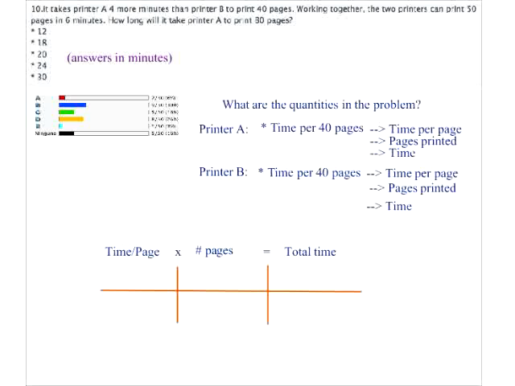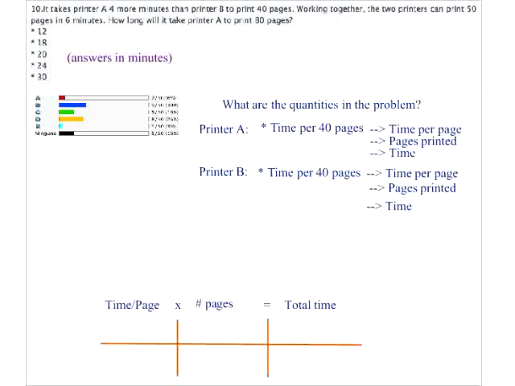So what do we do with time per 40 pages? Let's think about that. The time per 40 pages is 40 times the time per page, because the time per 40 pages is just 40 times as long as it takes to make one page.